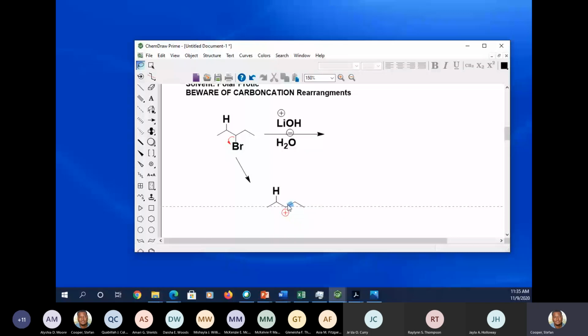To check for rearrangements, I only need to look one carbon over. That carbon or that carbon. There are two hydrogens here, and two hydrogens here. If I do a hydride shift from here to there, or from there to there, I go from something that's secondary to something that's also secondary. So in these cases, is the rearrangement productive?